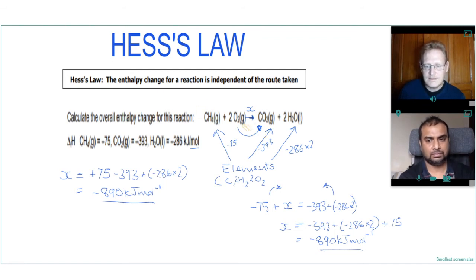So we can see that if we're given enthalpy of formation data, then our enthalpy change is equal to the enthalpy change for the products minus the enthalpy change for reactants.